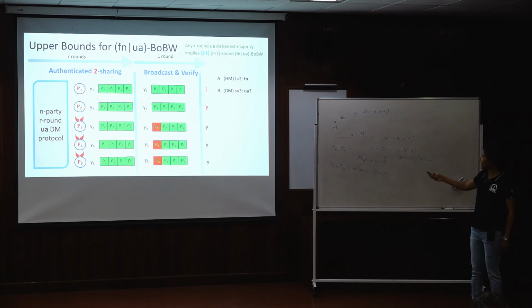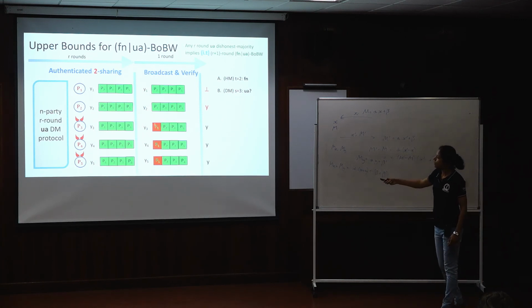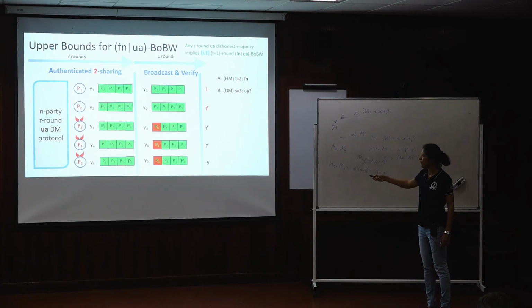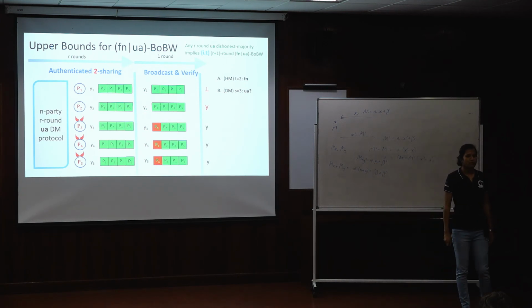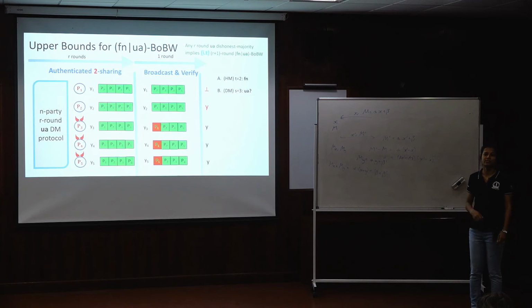But on the other hand, if you look at P2, he will of course identify y1 and y2 as the correct valid shares, but apart from that he will also get y3, y4 and y5 as the correct shares, because the MAC corresponding to P2 has not been changed, right. So, he gets all the 5 shares and he can interpolate back the polynomial and get y.